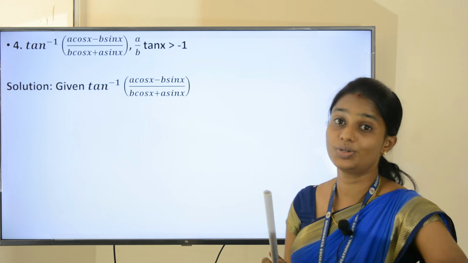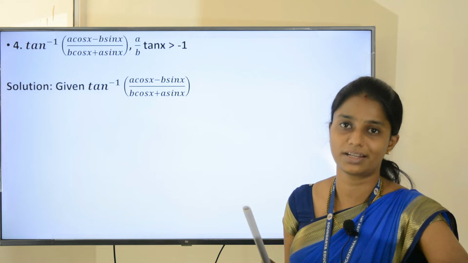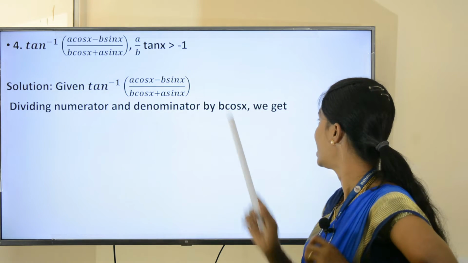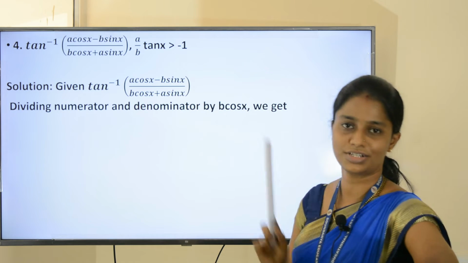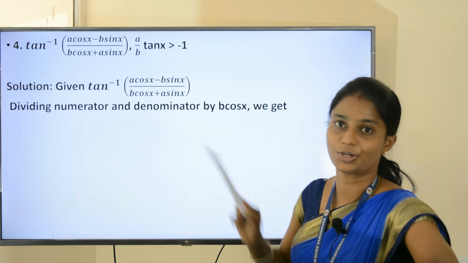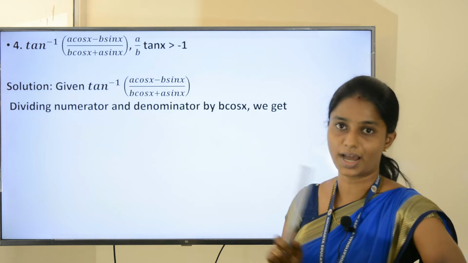So can you decide which one is the dividing term for the numerator and denominator? That is b cos x, the dividing term for numerator and denominator, isn't it? Because this term should convert in terms of 1, so b cos x is the dividing term.